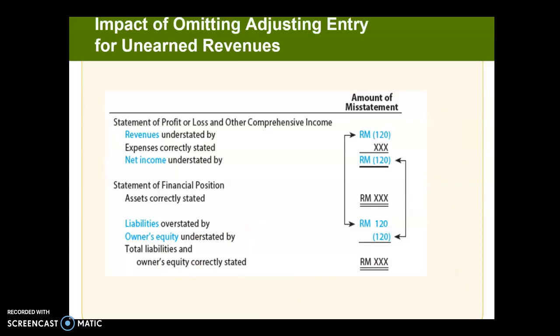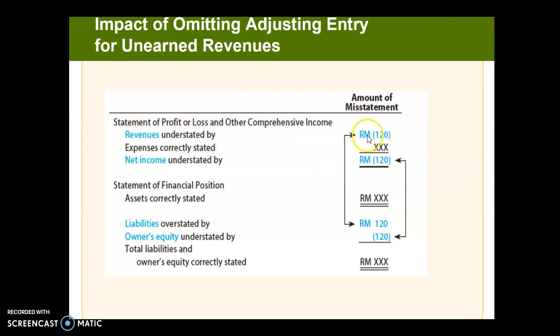Now let's see the impact of omitting adjusting entries for unearned revenue. If we did not provide the adjustment for unearned revenue, obviously our revenue is understated. We did not declare our revenue. Our net income is also understated, as you can see from the statement of profit and loss.